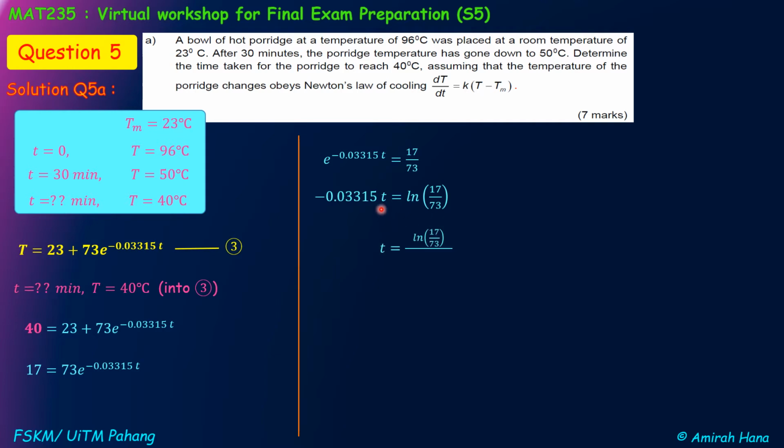So time equals ln of 17 over 73, over negative 0.03315, and it equals 43.96. Since the time is given in minutes, we put minutes here. So this is the final answer.